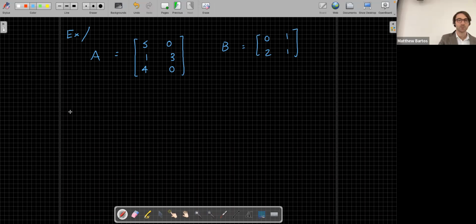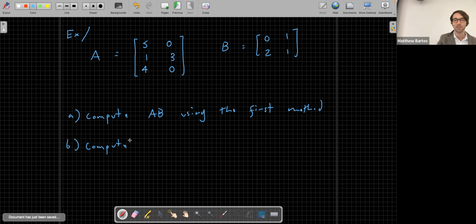I want you to compute AB using the first method, and I want you to compute AB using the second method. I'll give you about 5 minutes to do that, okay?